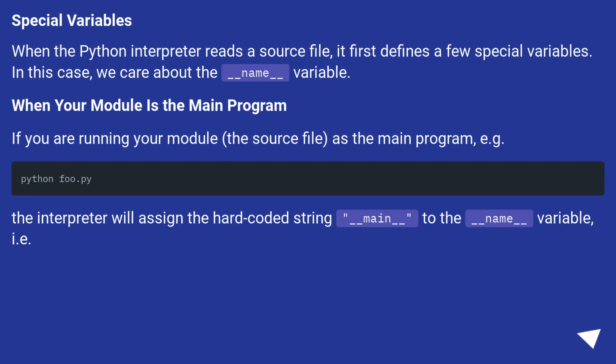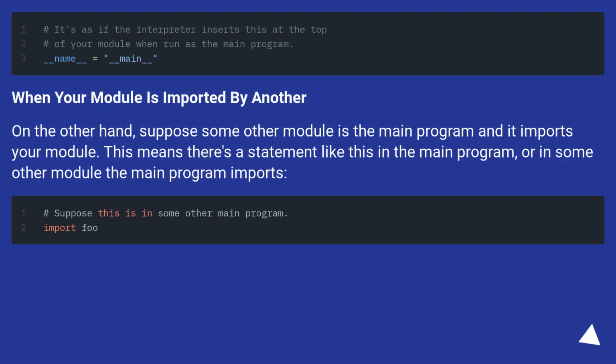When your module is the main program. If you are running your module, the source file, as the main program, for example, the interpreter will assign the hard-coded string "__main__" to the __name__ variable. When your module is imported by another.